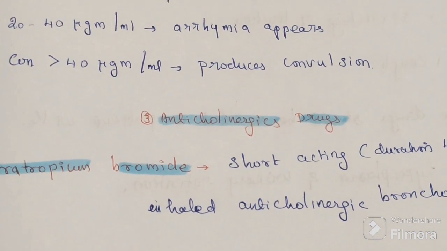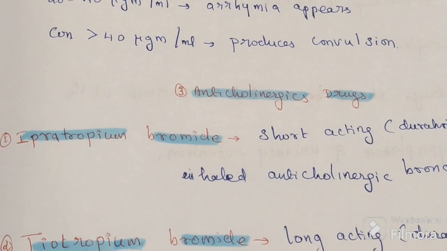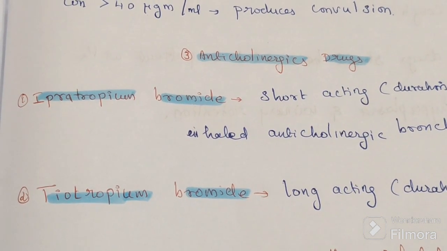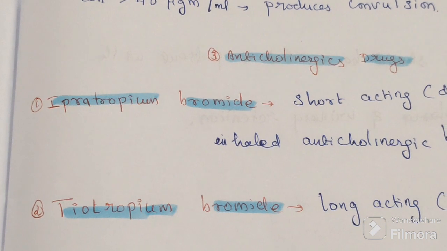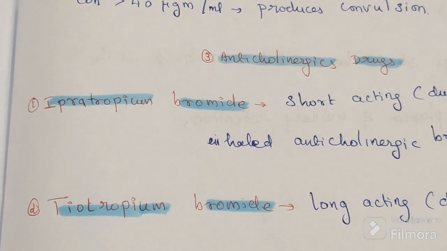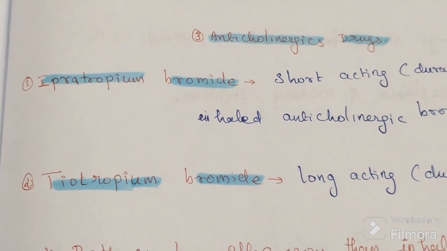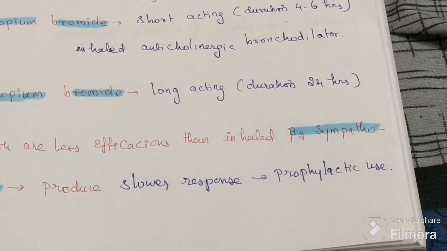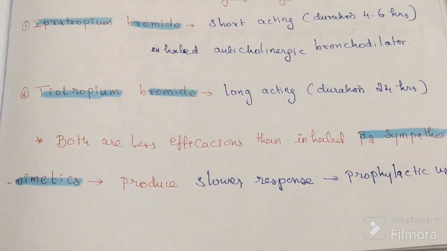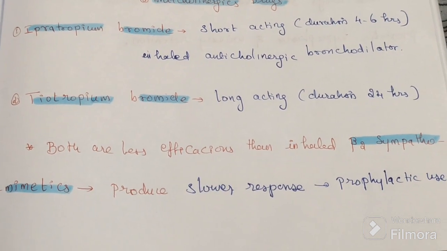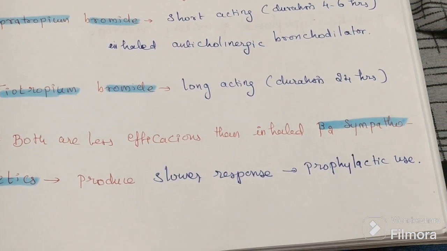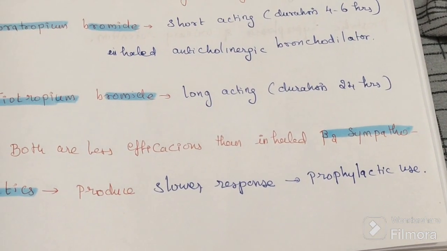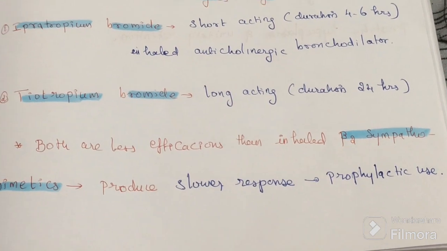Here, ipratropium bromide and tiotropium bromide. Beta sympathomimetics produce a slower response, so these are used for prophylaxis, not for emergency use.